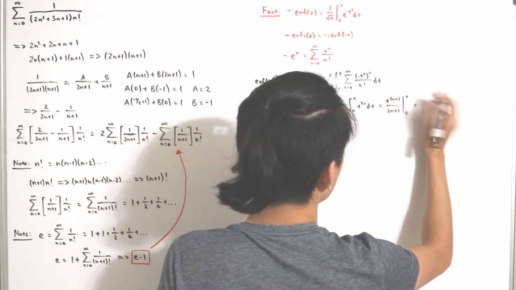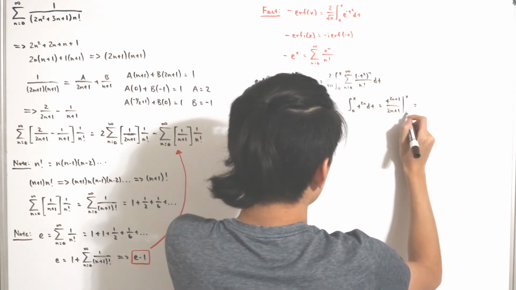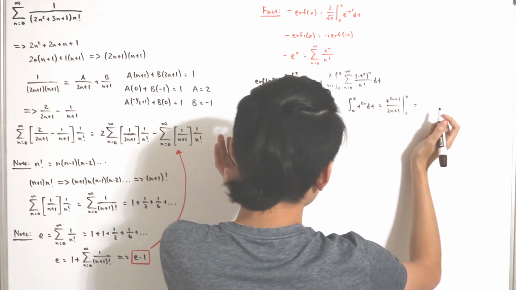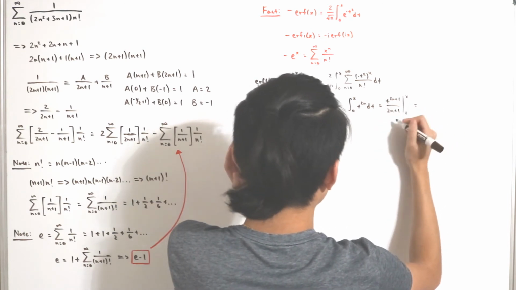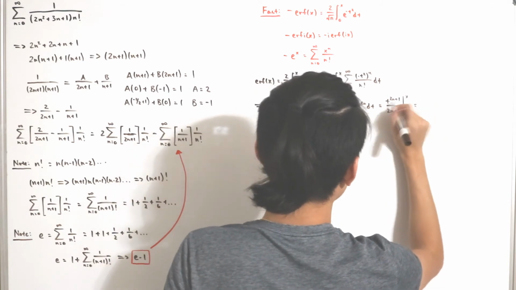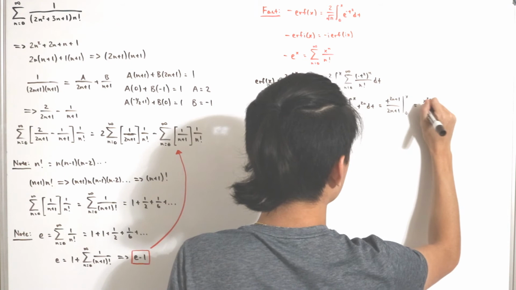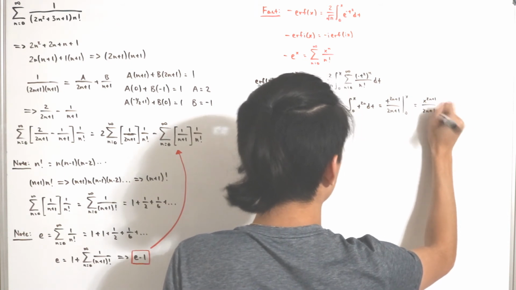Notice that if you plug 0 in for t, the whole term becomes 0, so that cancels itself out. So we just need to plug in the x. This is x to the 2n plus 1 divided by 2n plus 1.